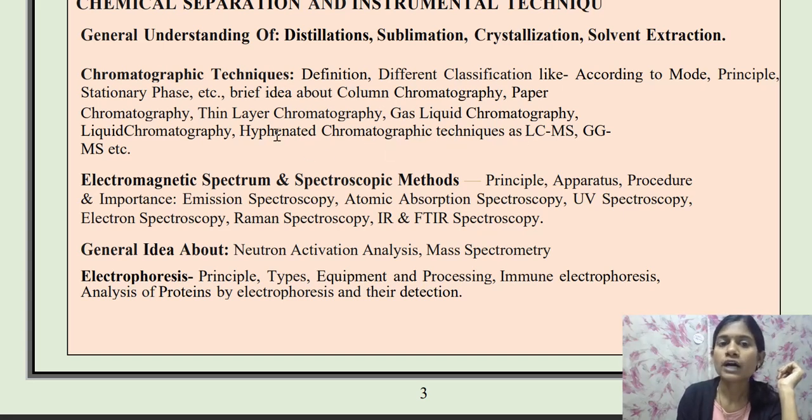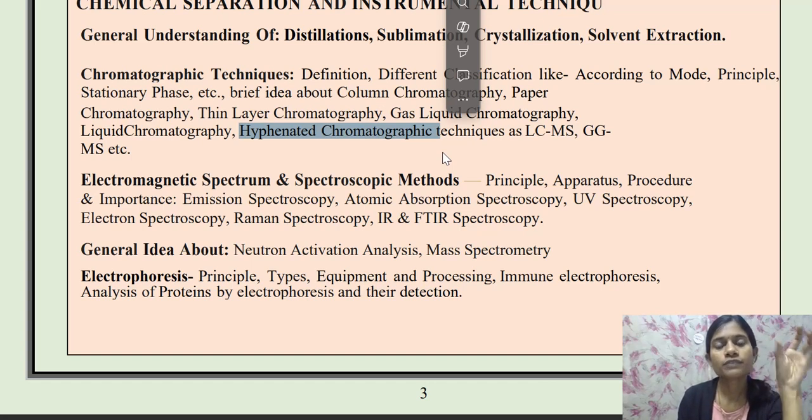Hyphenated is nothing but, I'll give one little example. You know gas chromatography and you know mass spectrometry. Gas chromatography we use for separation of the components, then mass spectroscopy we use for identification of the components.